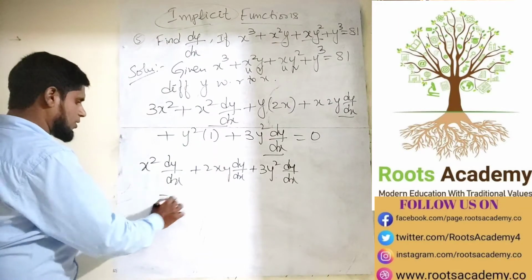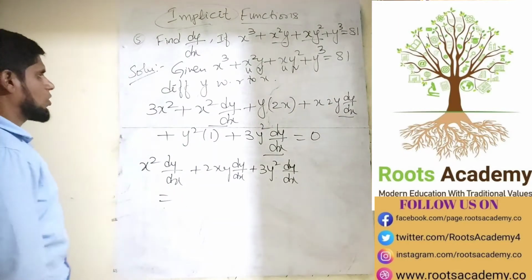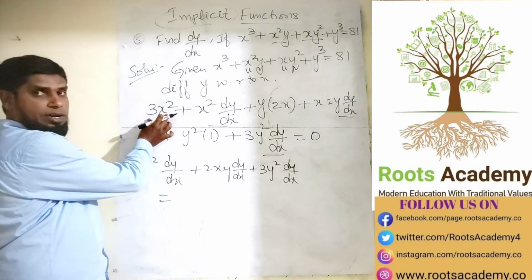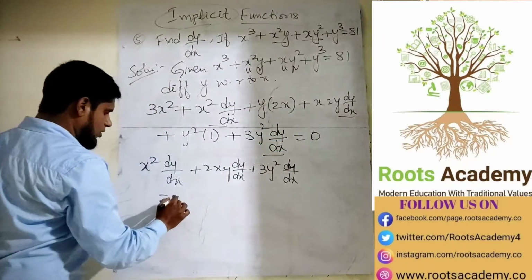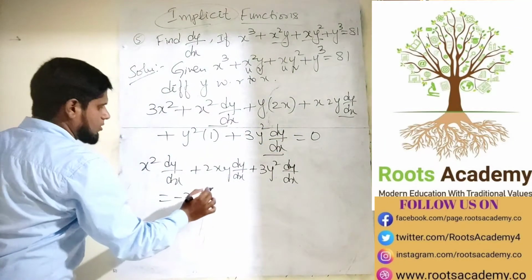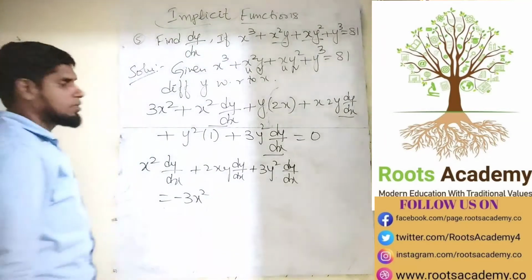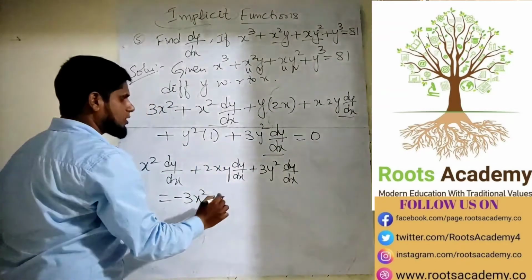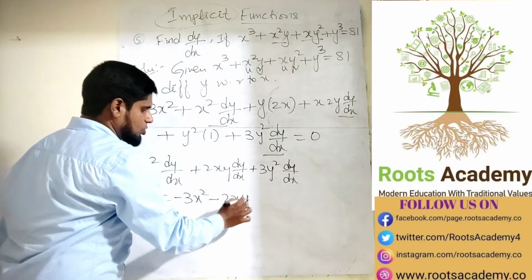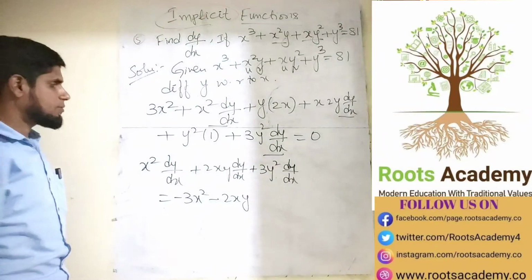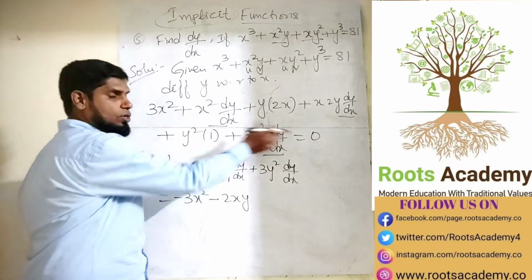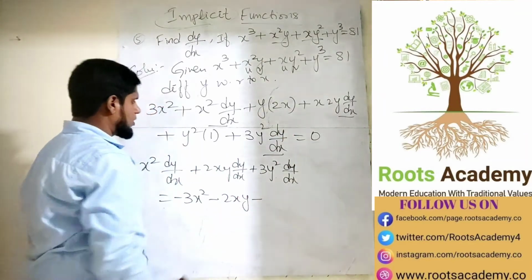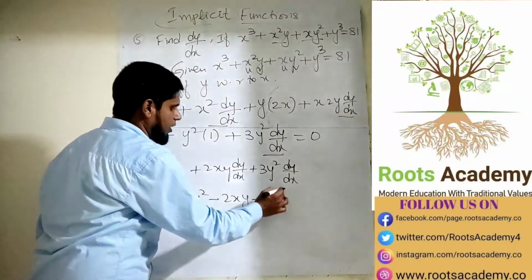That is equals to, this term I am shifting to my right hand side, so it changes its sign, 3x square. This I am shifting to my right hand side, so it changes its sign and becomes 2xy. And this I am shifting to my right hand side, this becomes y square.